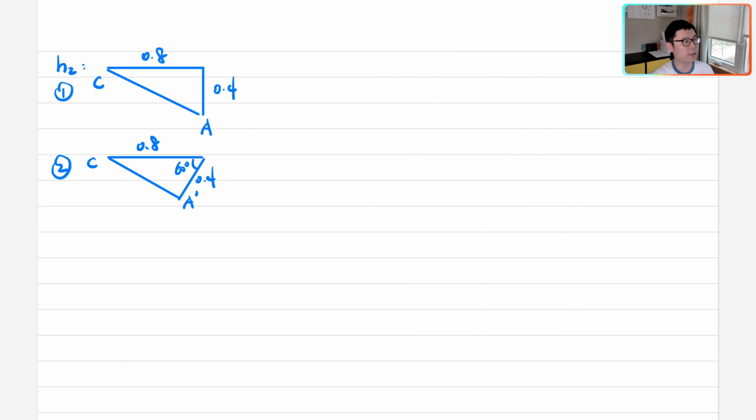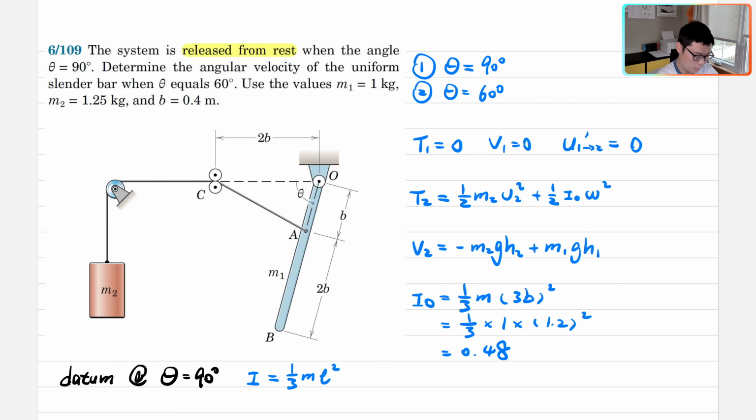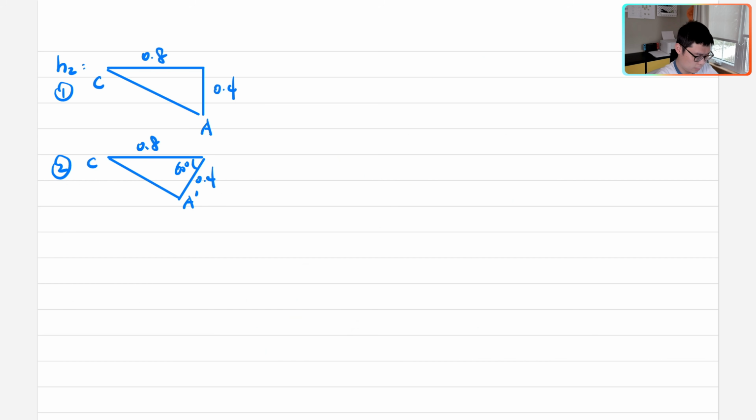So we're going to take a look at state number 1 and state number 2. When the bar was vertical, look at A here. A is here, C is here, O is here. I'm looking at this triangle with a fixed distance B here. This is your triangle AOC at state number 1, and this is your triangle AOC at state number 2.